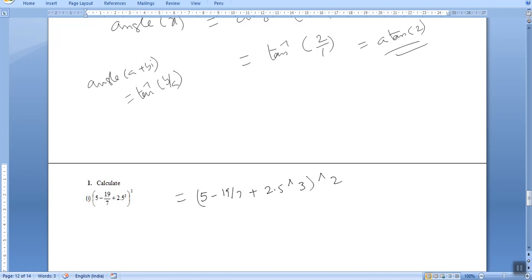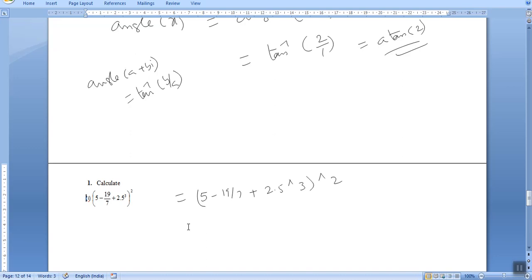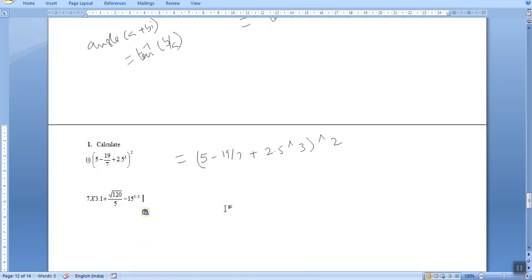In the similar way, now calculate 7 into 3.1 plus square root of this value. How to write the code? First 7 asterisk 3.1 plus SQRT of 120 divided by 5.